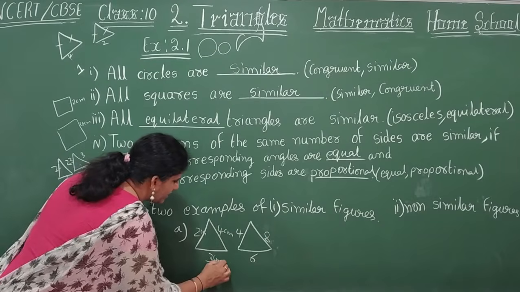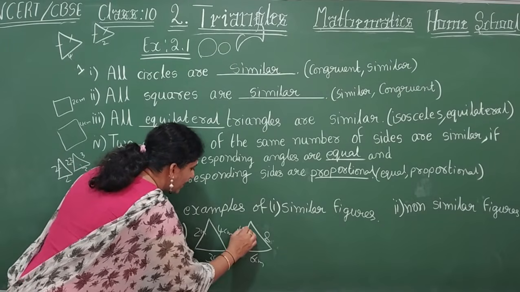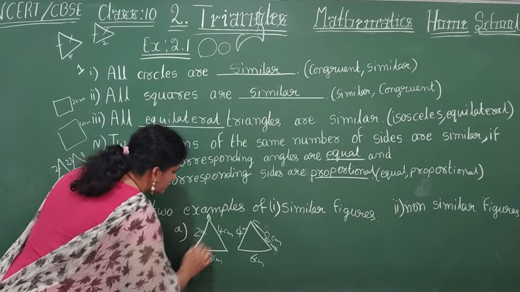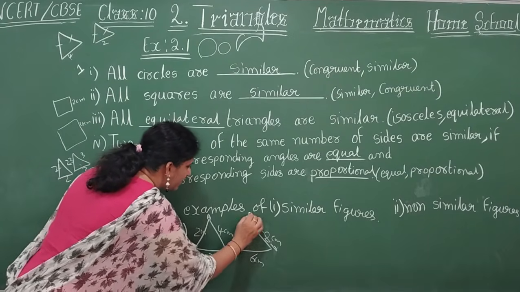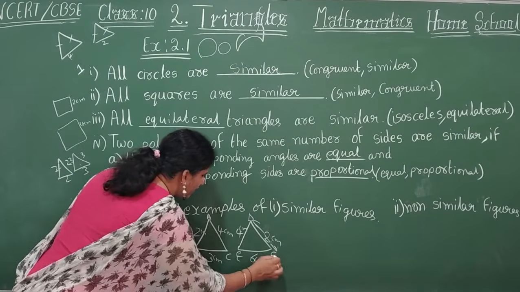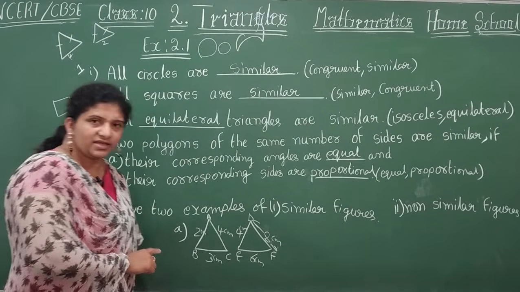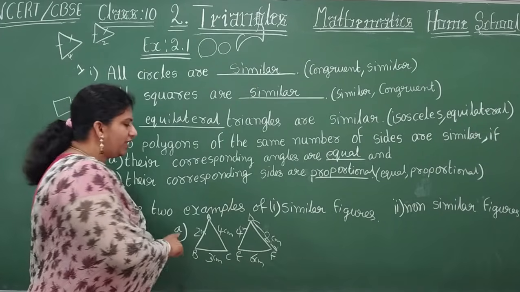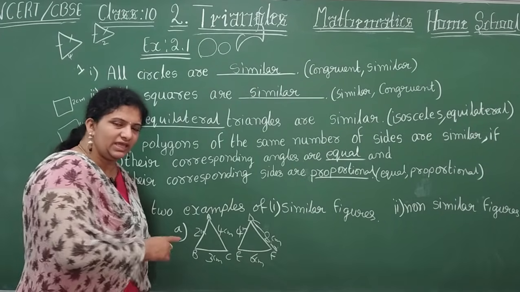Observe carefully. You have to write with the units. Now these two figures, A, B, C, D, E, F. If you compare, the corresponding ratios must be in proportion. Then corresponding angles will be equal.